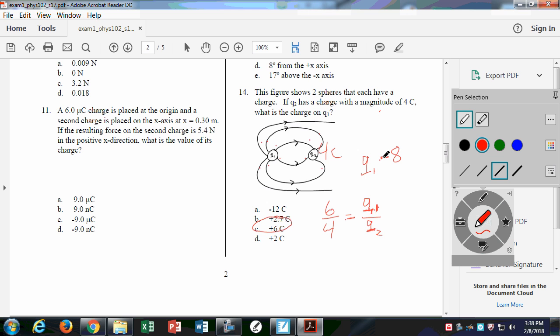So if I told you here that Q1 had a magnitude of 8 coulombs, then to calculate Q2, I would say 6 over 4 is equal to 8 divided by Q2. And 8 times 4 is 32, so Q2 would be 32 divided by 6, which is 16 over 3, 5 point something coulombs.